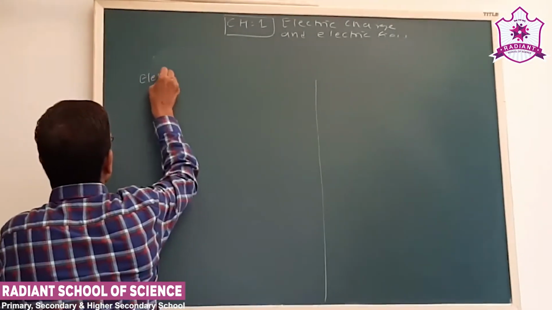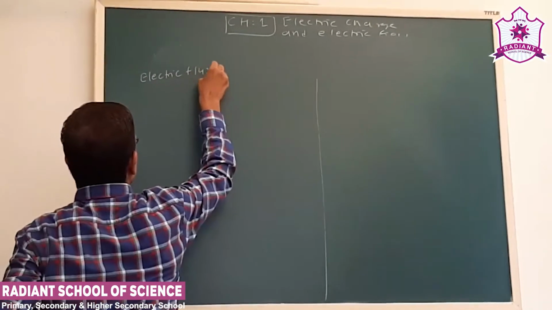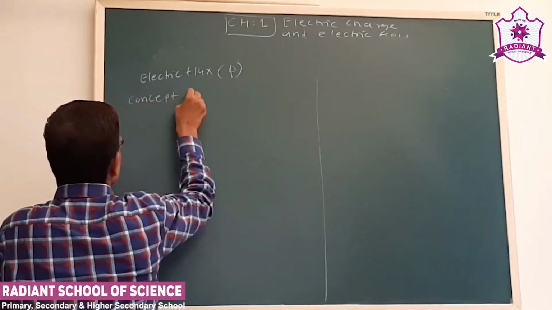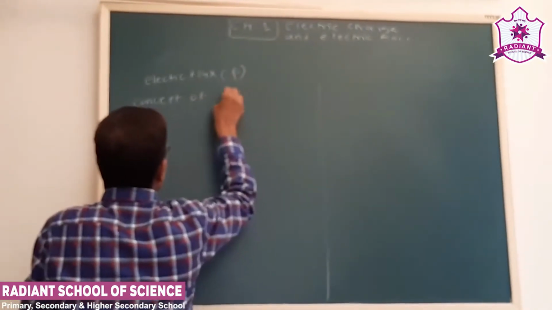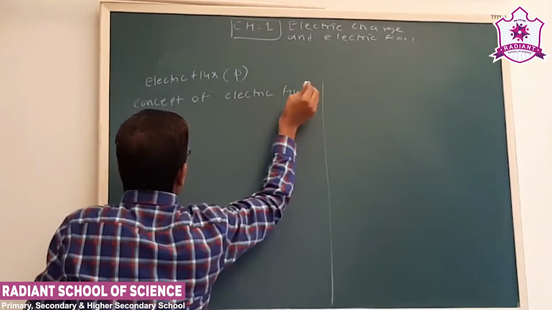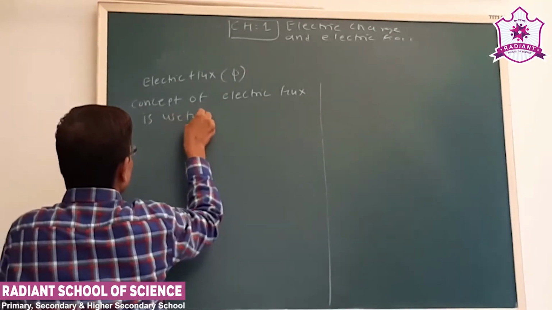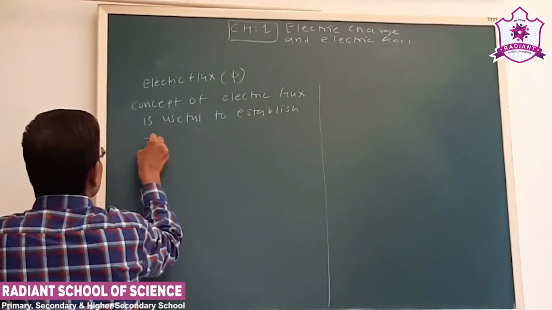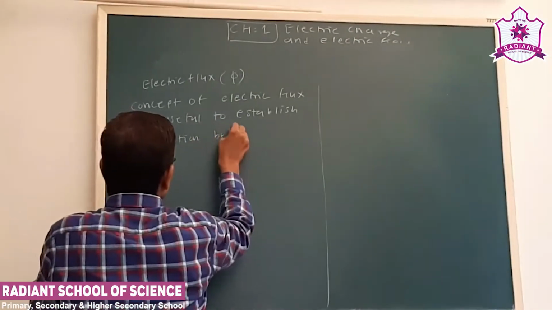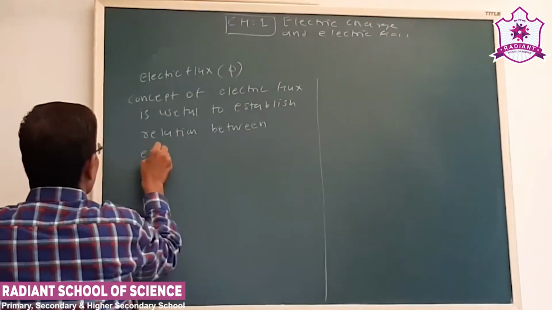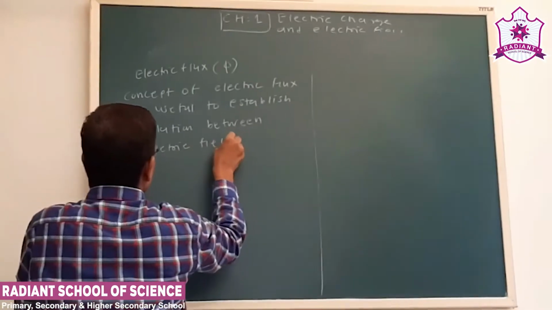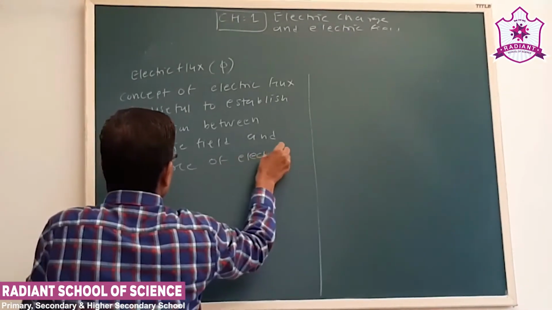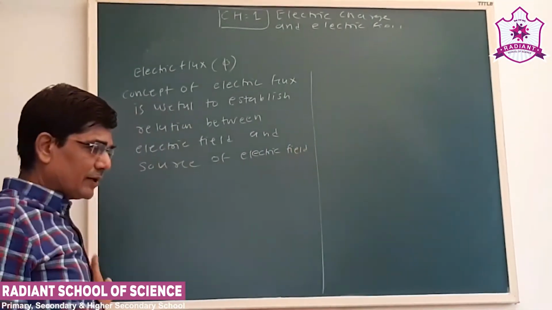The electric flux, symbol is phi. So the concept of electric flux is useful to establish the relation between electric field and source of electric fields.